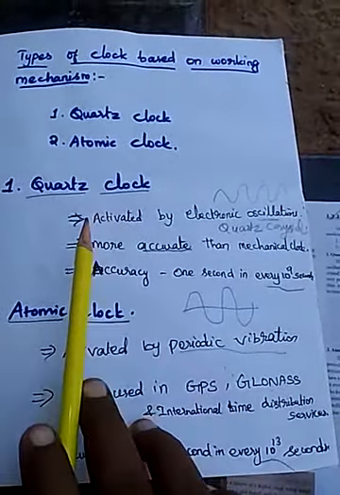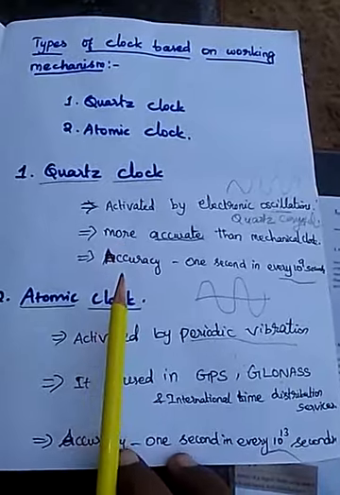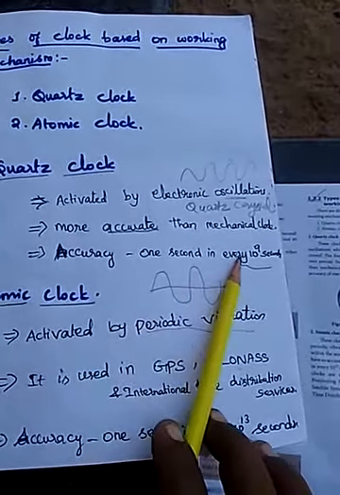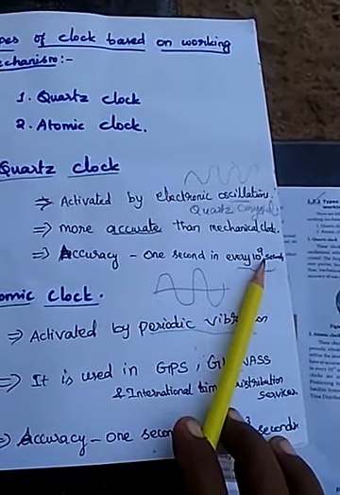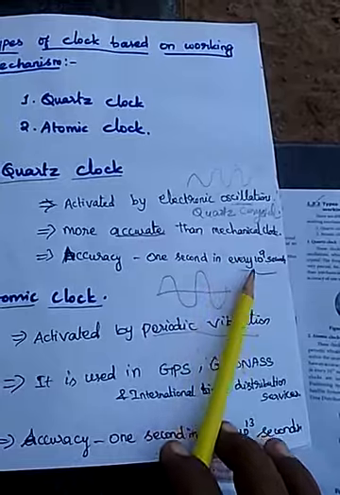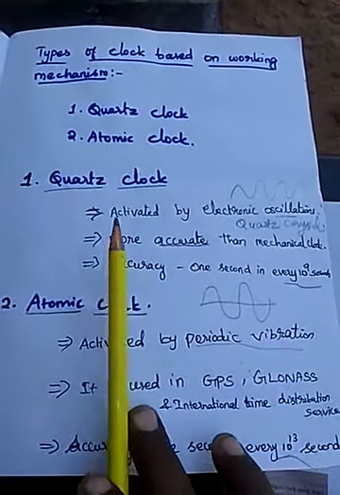The quartz clock has an accuracy of 1 second in every 10 power 9 seconds.